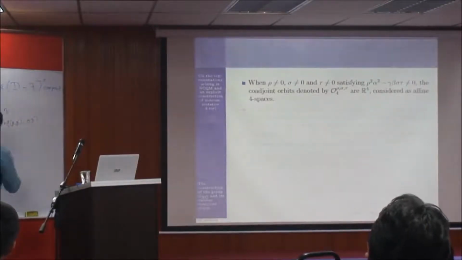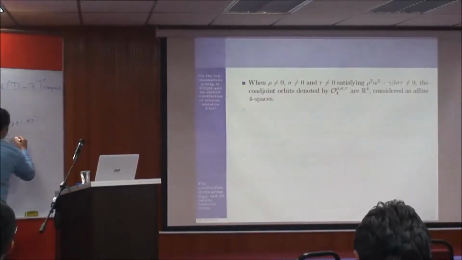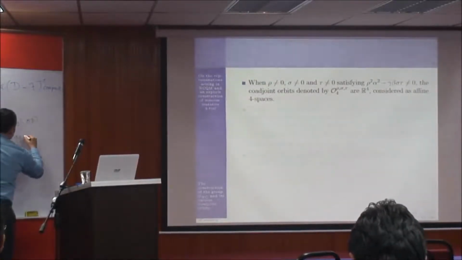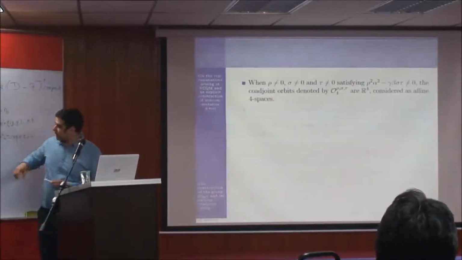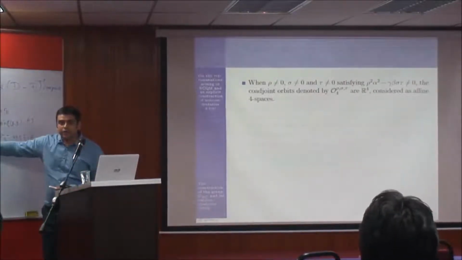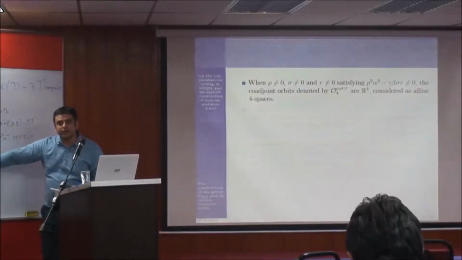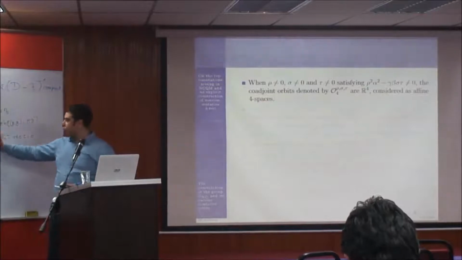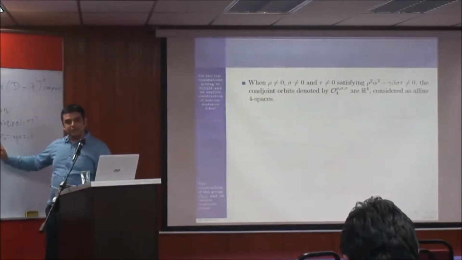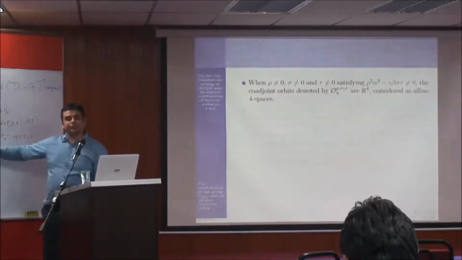So this is ρ², α², γ, β, σ, τ equal to 0. Which means that we are either inside or outside, away from the planes. So we cannot be on the three planes, we cannot be on this surface.